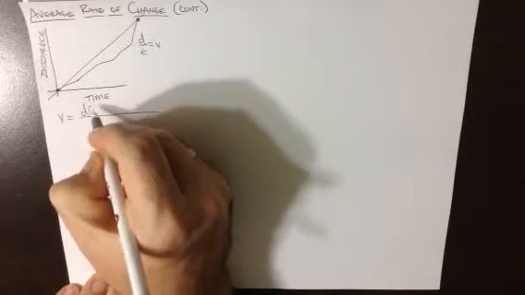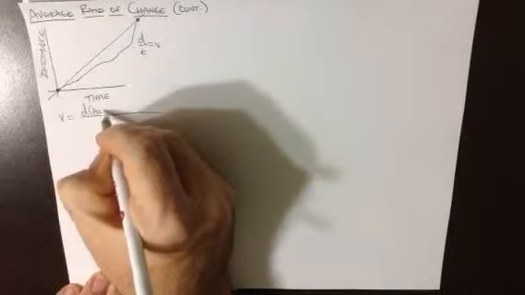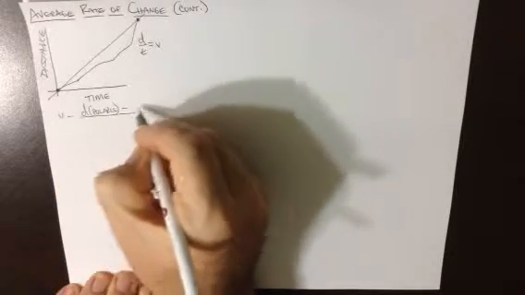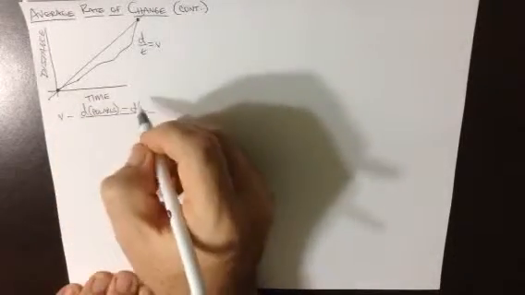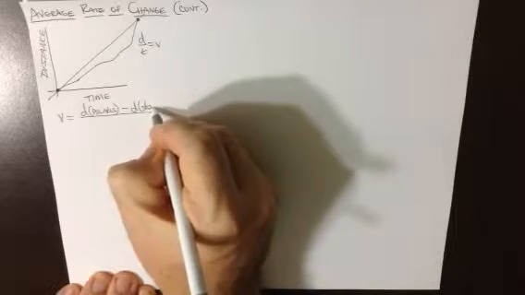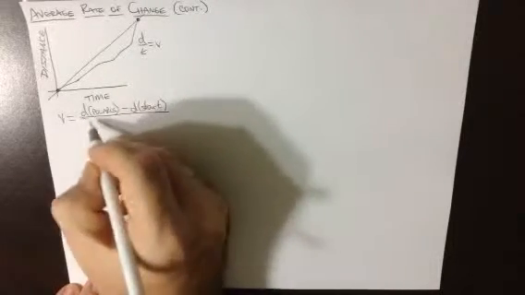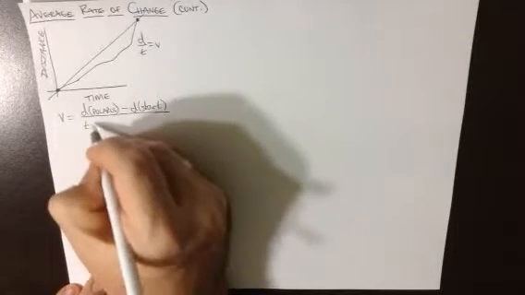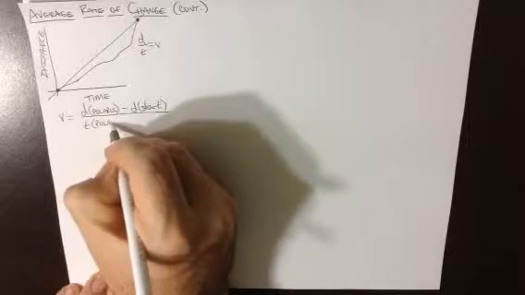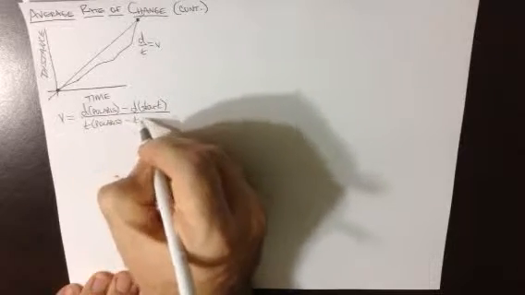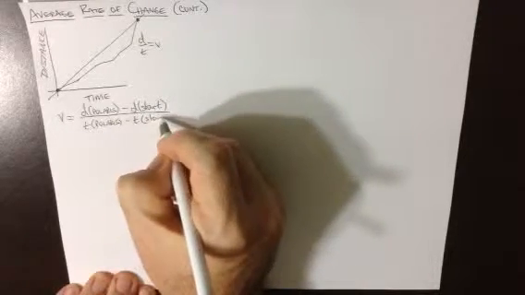We would say that the average rate of change, or in this case the average velocity, would be the distance when you finished, Polaris, minus the distance where you started here at Mount Vernon, and that's going to be divided by the time that you got to Polaris minus the time that you started here in Mount Vernon.